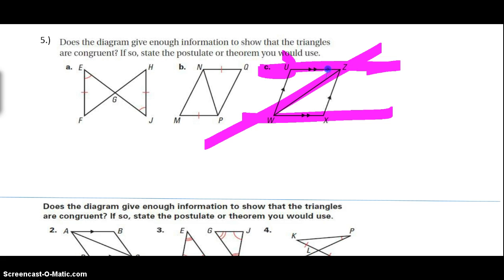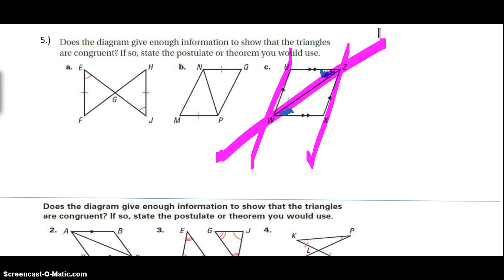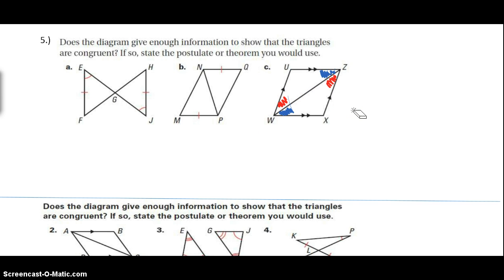That means this angle is congruent to this angle. And then let me erase those and show you something else. We also have this congruent to this, right? So we can also say that this angle is congruent to this angle, because what kind of angles are these? Alternate interior angles, right?